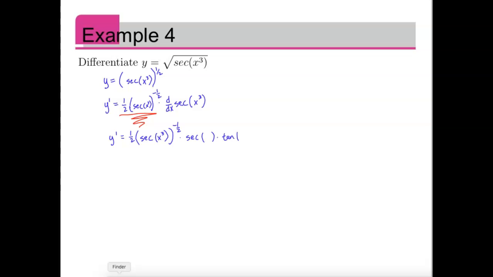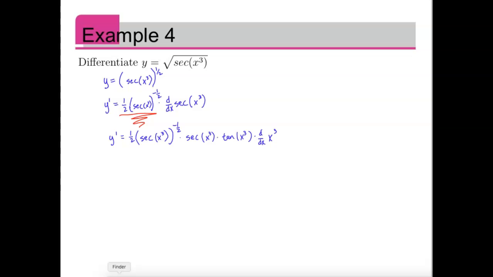But instead of just x's plugged in there, what are we going to have plugged in? Because chain rule: derivative of the outside function, leave the inside function alone, right? And then you multiply by the derivative of the inside function. So what should go in those parentheses? Yeah, x cubed. And then I'm going to multiply by the derivative of the inside function. So by the derivative of x cubed.